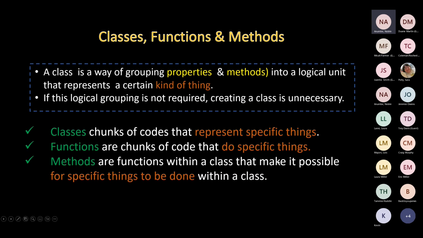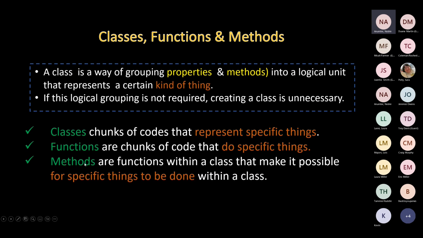So within that class, you have functions, and now I'm beginning to discuss the differences between functions and methods. That's very important. Within a class, you have properties and you have methods, right? Now I'm going to make a distinction between functions and methods.